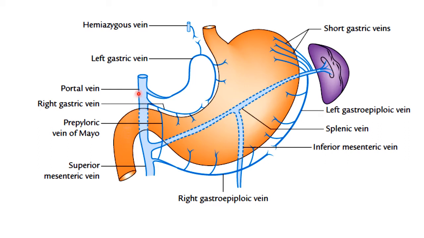The veins of the stomach correspond to the arteries. The names of the veins are the same as those of the arteries.